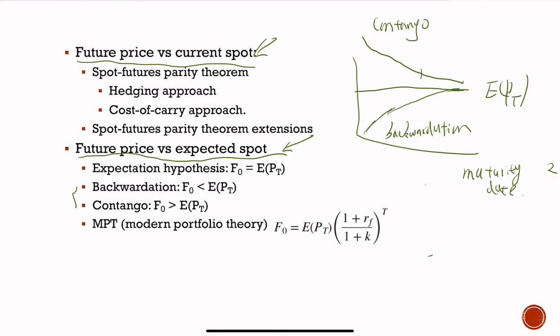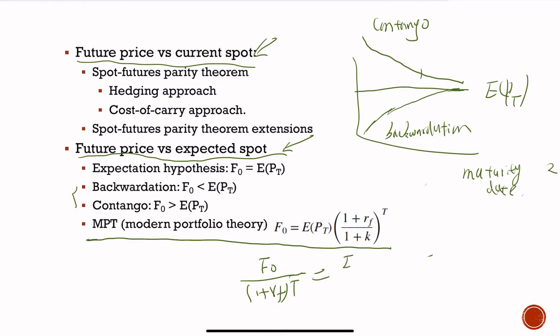And then the fourth theory is about using modern portfolio theory to find out how the future price and expected spot price are related. The idea here is very simple, right? So basically it says that if you buy at the future price, then it is riskless. So you should discount this F0 by the risk-free rate.